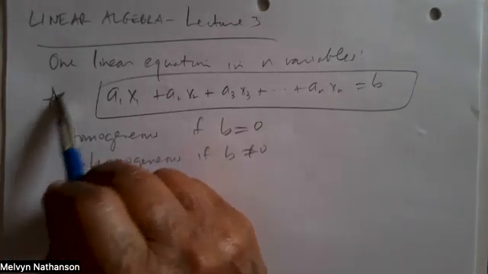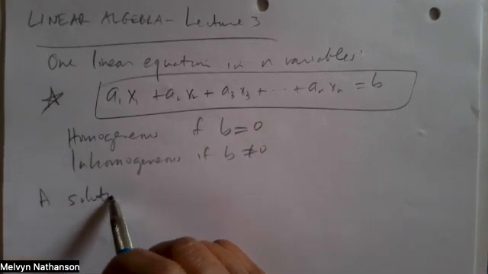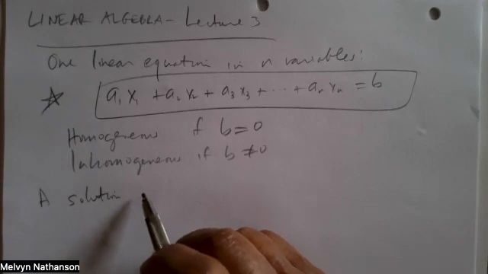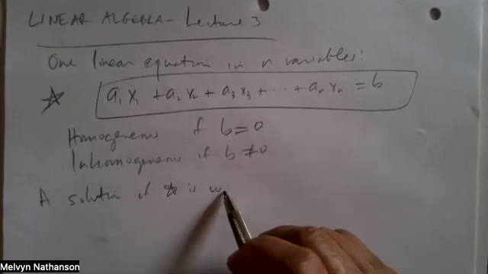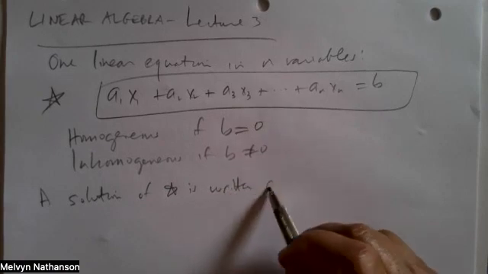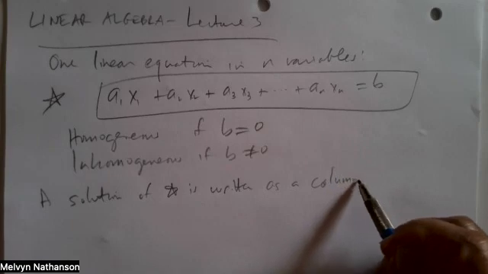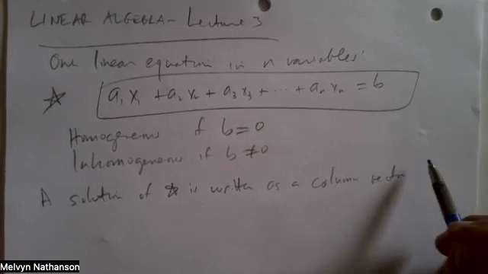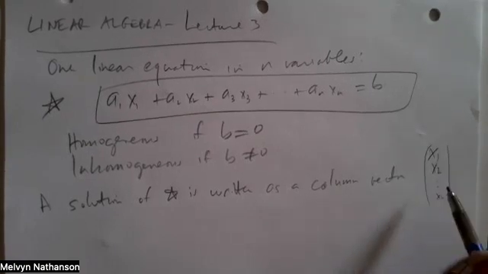So let's call this equation star. We write the solutions of the equation as a column vector, x1, x2 down to x sub n.